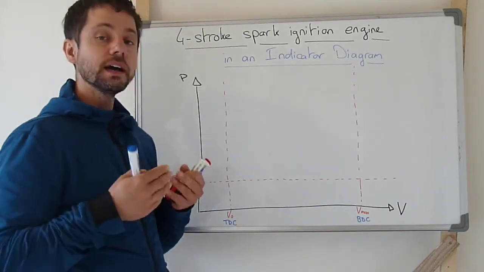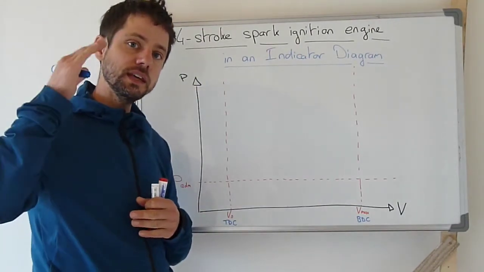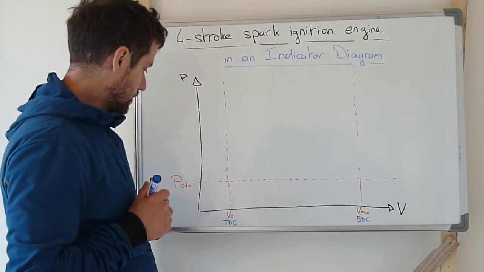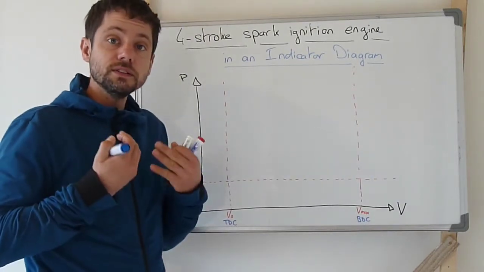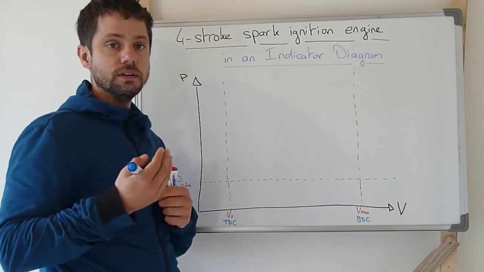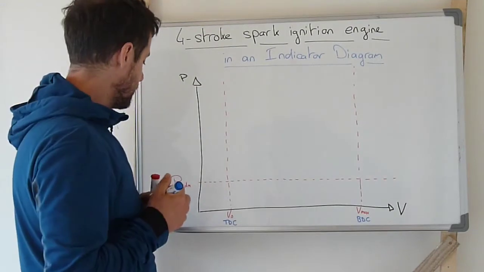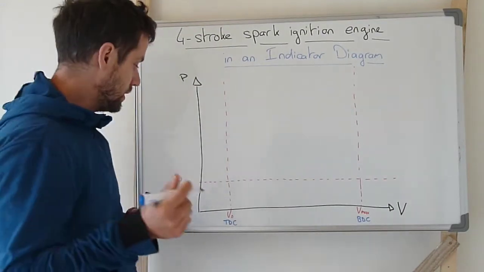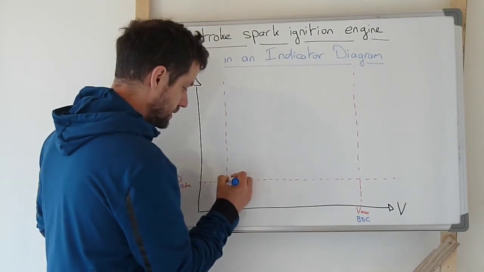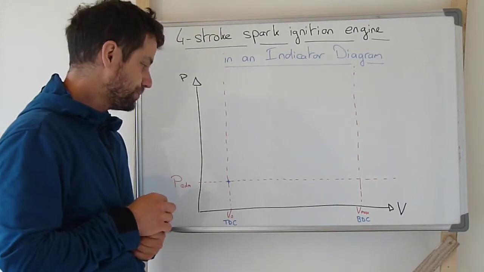We are starting the admission stroke, the admission valves are open and the exhaust valves are closed. Because the cylinder is connected to the admission line, the pressure inside the cylinder is the same, so we have the admission pressure, and the volume corresponds to the clearance volume. So that's the initial state inside the cylinder.